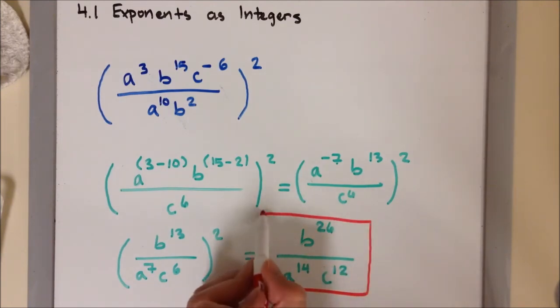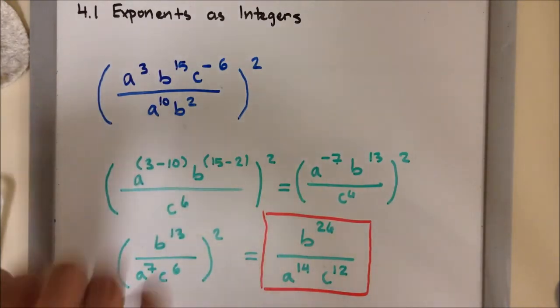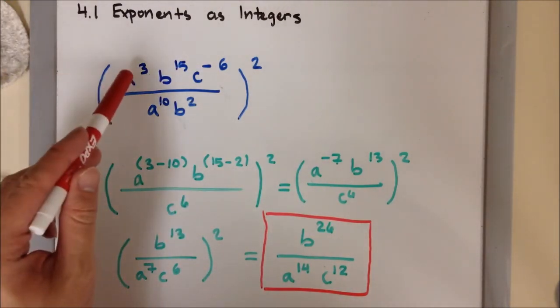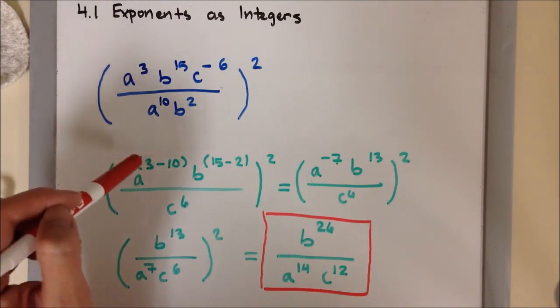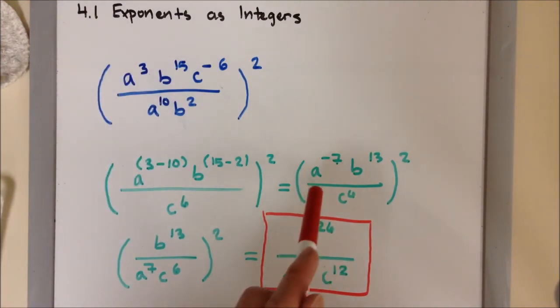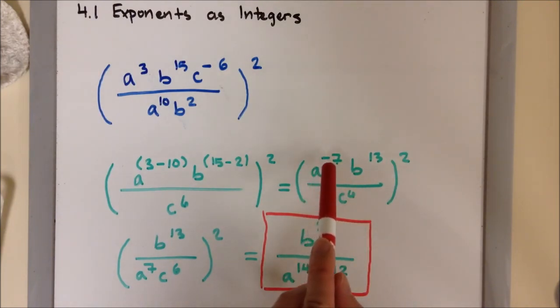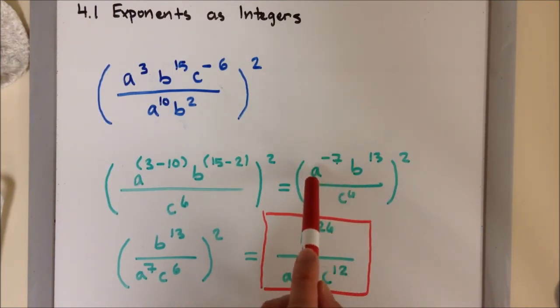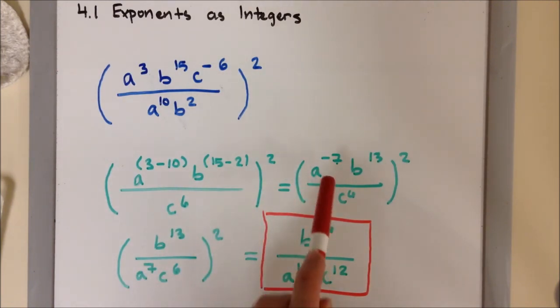So you have to be extra careful when you're working with negative exponents. In this example, when I did a to the 3rd over a to the 10th, meaning a to the power of 3 minus 10, I got a to the negative 7th. When you want to continue moving forward with positive exponents, I simply move a to the negative 7 from the top to the bottom, the opposite side, and then change negative 7 into positive 7.